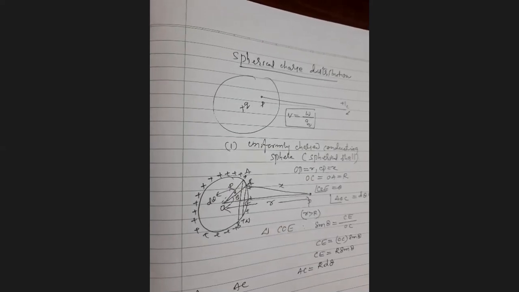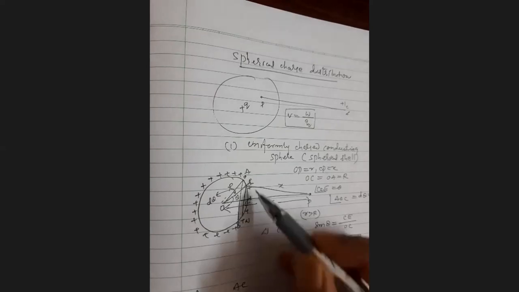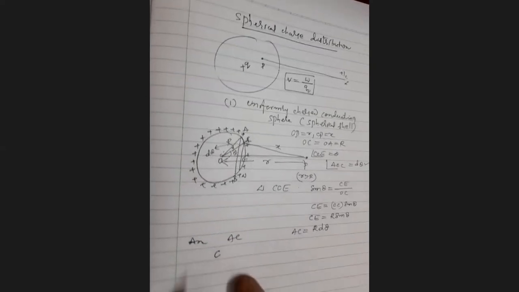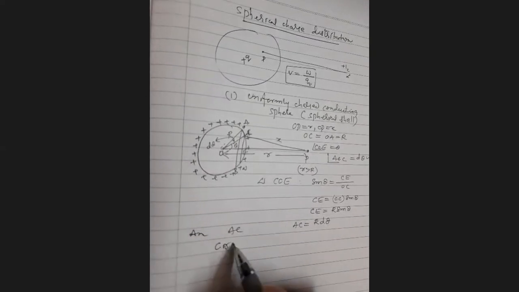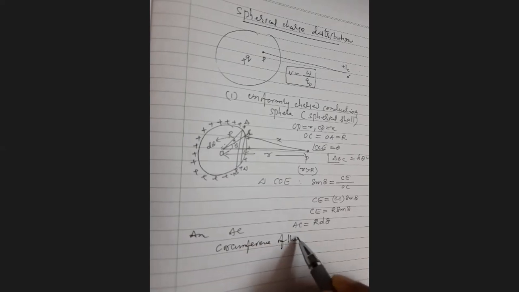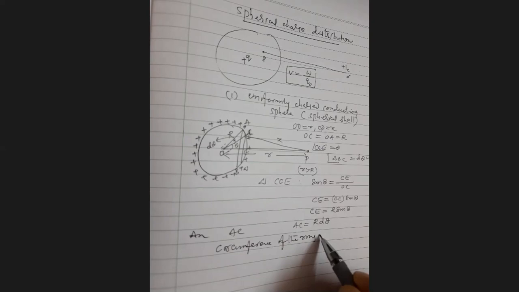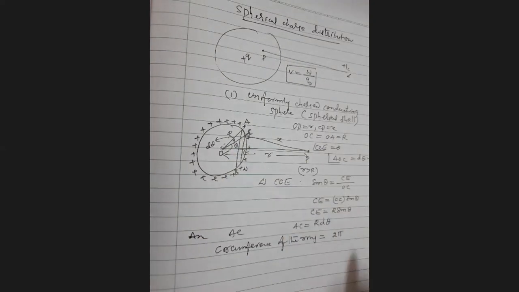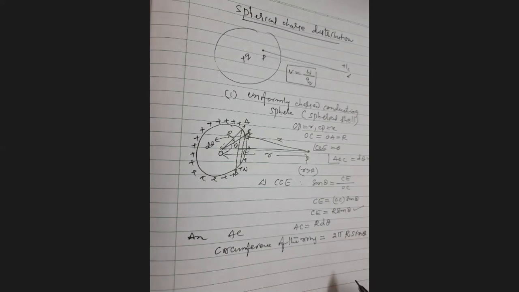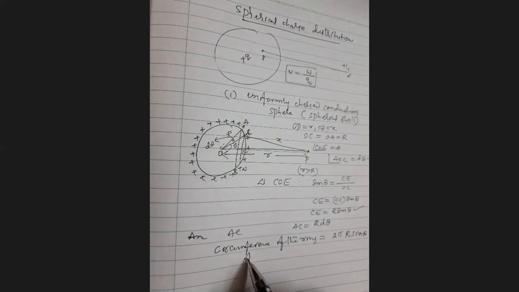So here, what is the circumference of this ring? Circumference of the ring ABCD equals 2 pi into radius of the ring. What do we get? R sine theta. 2 pi into R sine theta. Okay. Then area of the ring.